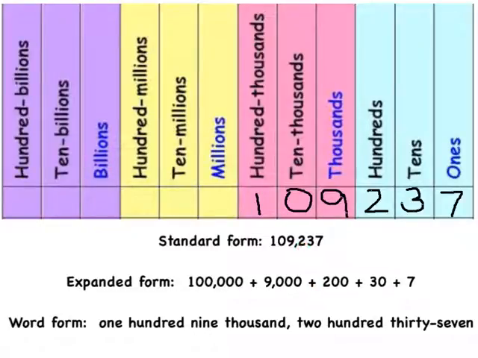Our next digit is a 2, and we see that it's in the hundreds place. So we have 200. Plus, our next digit is a 3. We see that it's in the tens place, so we write it as 30. Plus, our last digit is a 7. It's in the ones place, so its value is 7.